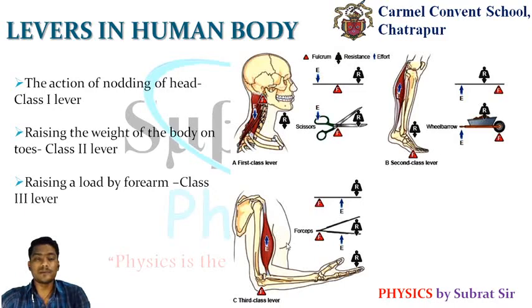Now look at this picture of the arm: raising a load by the forearm. If you are raising a load on the forearm, then the load will be here and will act downward, and here the elbow joint acts as the fulcrum, and the biceps acts as the effort.